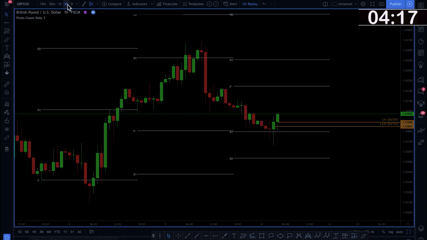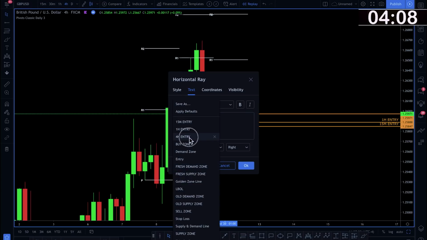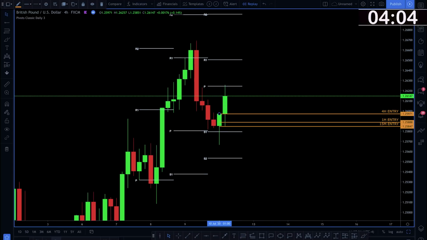And then the 4 hour entry pretty much would have been on the next candle here that opened. So let's look at that. The next candle, boom. So that was the 4 hour entry.